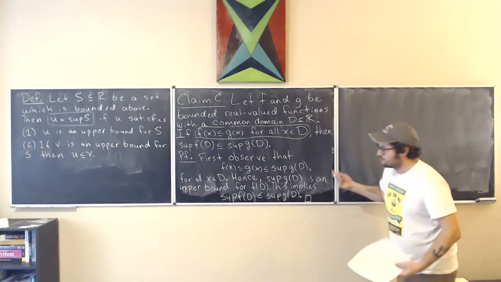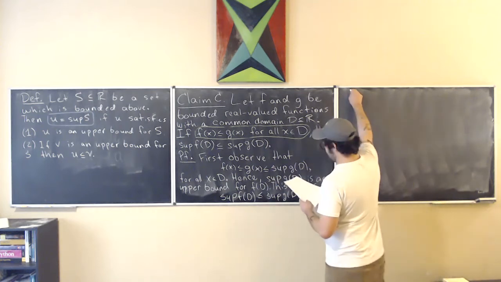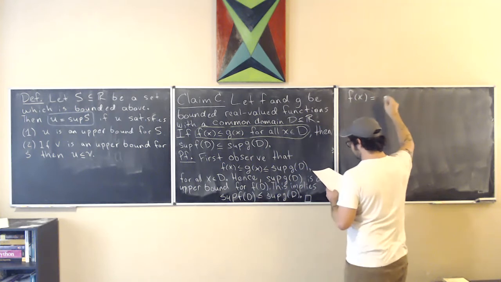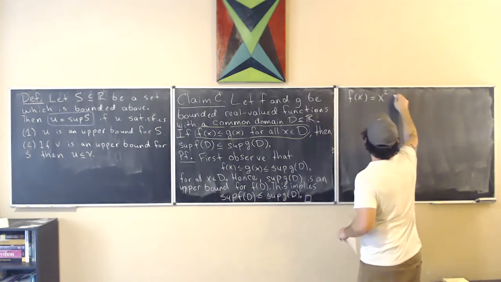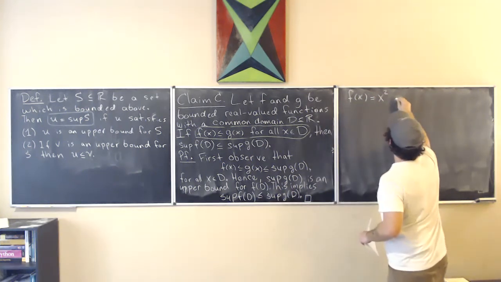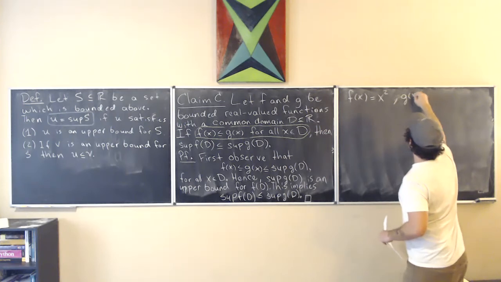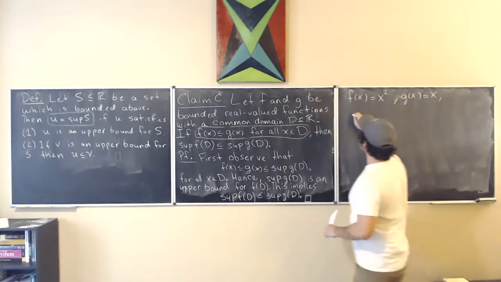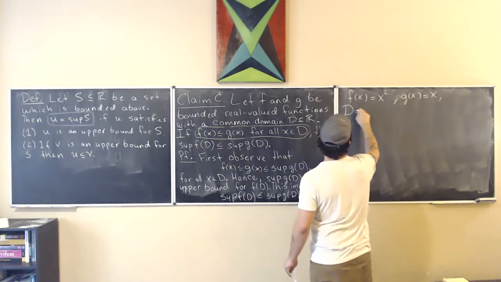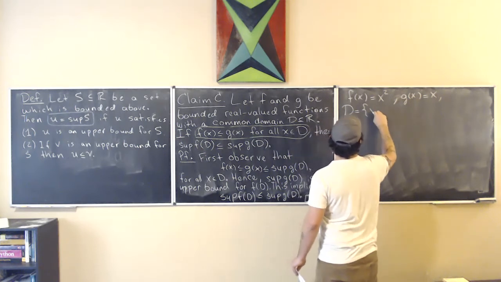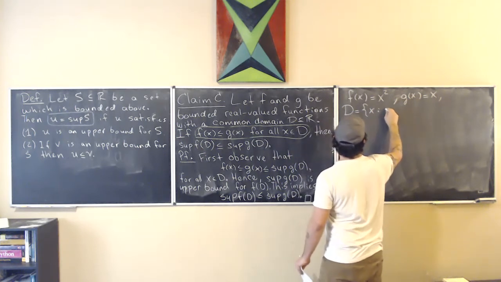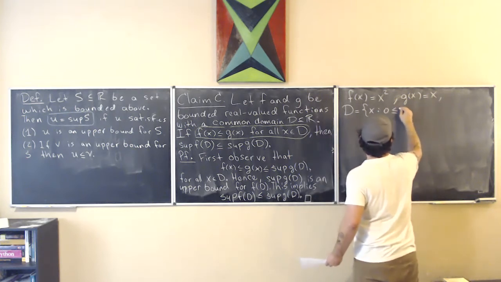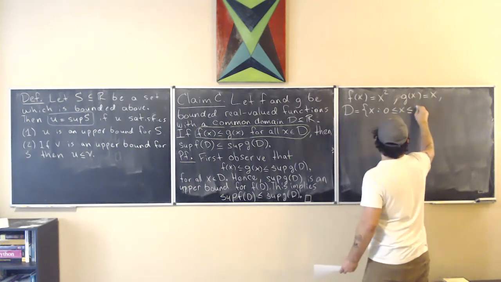So for example, maybe say f of x equals x squared, say g of x equals x, and take a common domain to be the set of all x such that 0 is less than or equal to x, which is less than or equal to 1.